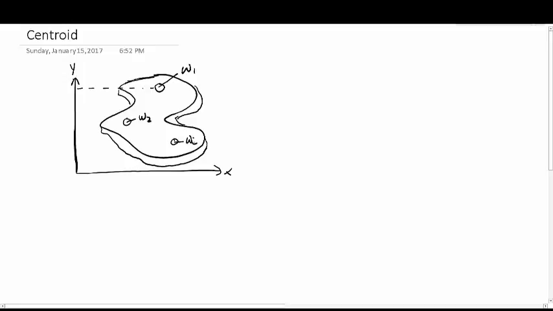So the distance from piece 1 to the y-axis we'll call x bar 1. The distance from weight 2, x bar 2, all the way up to x bar i. And of course, this whole plate is made up of these little elements, right?